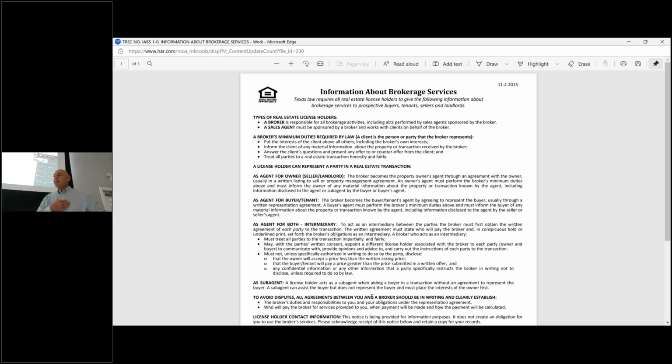And if for any reason you feel like the listing agent is not presenting your offer to the seller, there's a form that you can use, which requires that listing agent to present to the seller acknowledging their receipt of your offer. And we rarely have to use that, but in some cases we do.